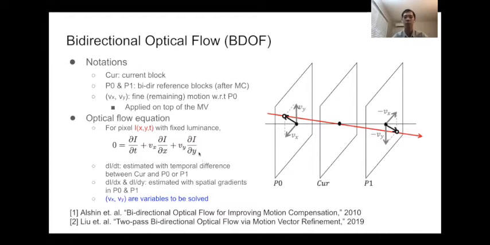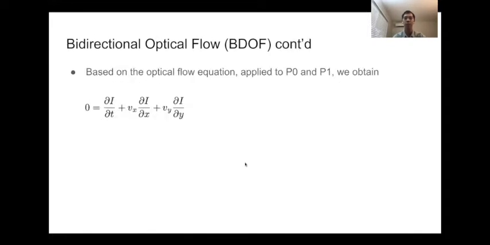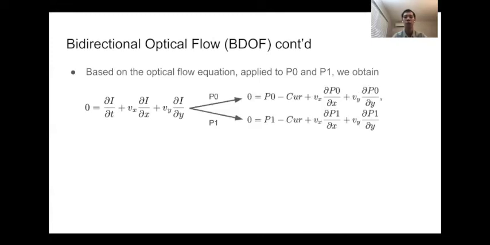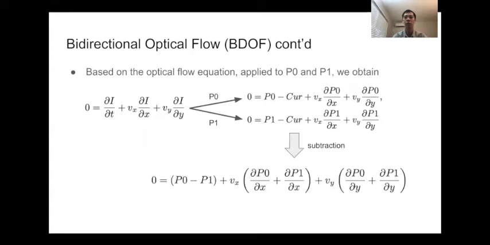So the only unknown variables would be the fine motion Vx and Vy. Starting from the optical flow equation, we can apply it to P0 and P1 to get two equations and subtract them to get the equation below. As I mentioned previously, everything in this equation except Vx and Vy are available. They are available to both encoder and decoder.